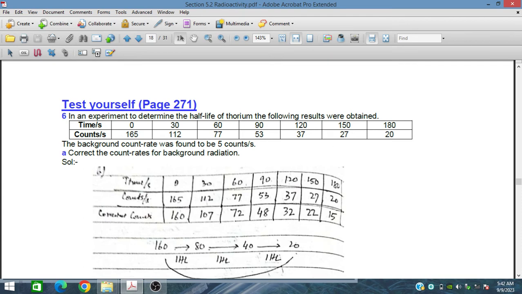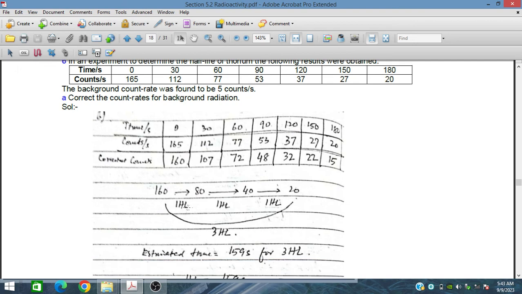The total background count was found to be 5 counts per second, so we subtract these 5 counts. The corrected counts are 160, 107, 72, 48, and then 15.